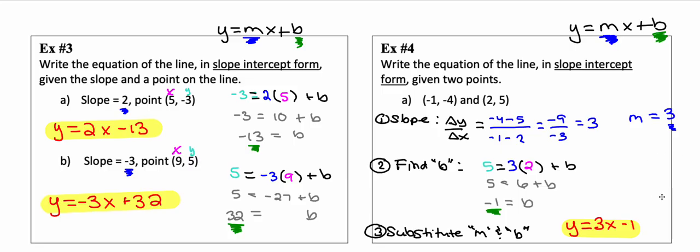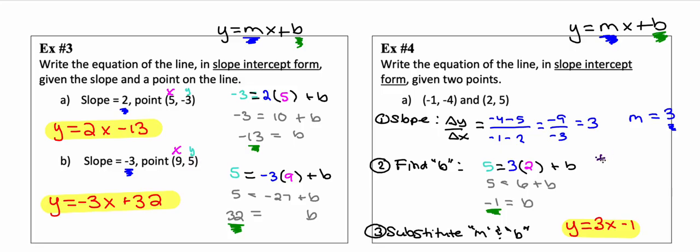Now, again, I chose to use, I had my slope. I had to use both coordinates to find the slope. And then I chose to use 2, 5 for my point. I could have used the -1, -4 if I wanted to. I'm going to make a little note about that.